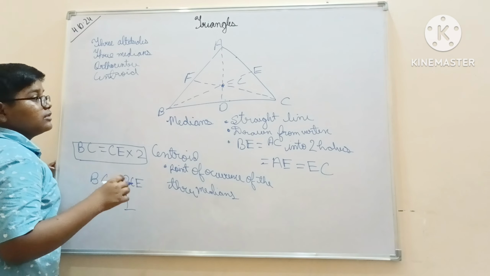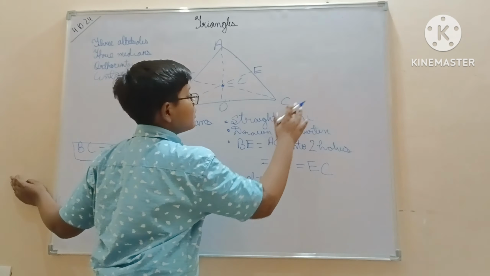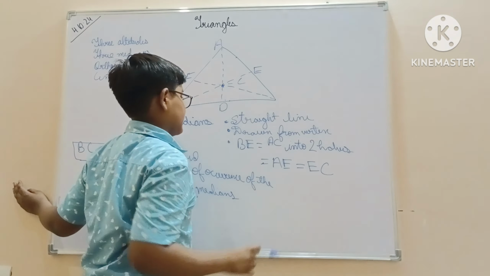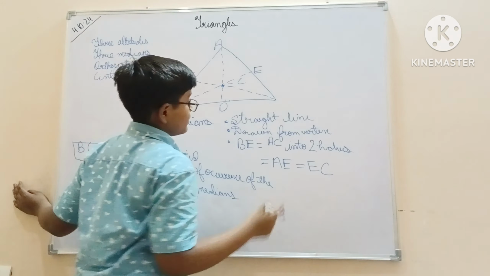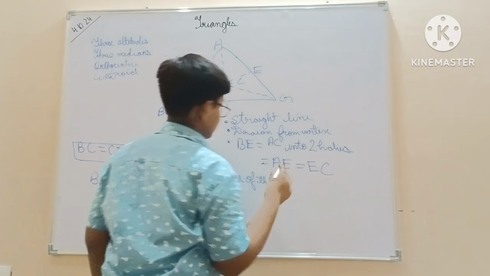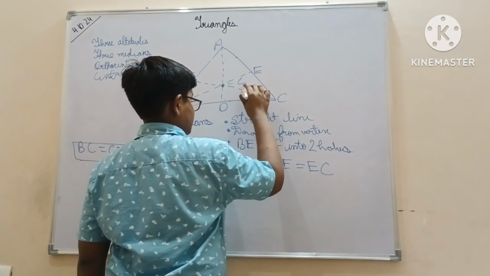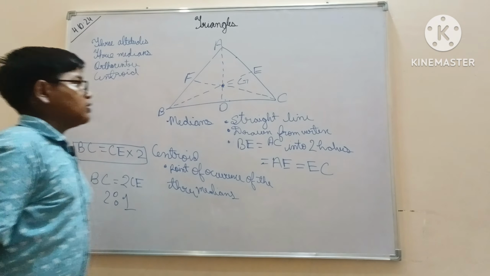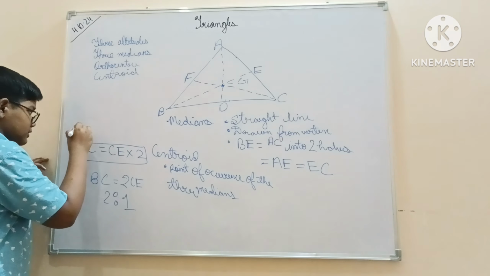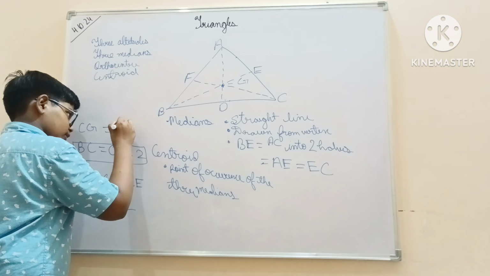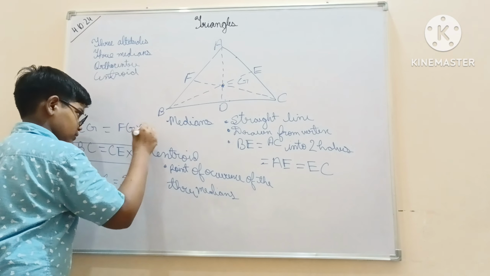as this C is already taken, so for simplifying we will give G to this. So now we can state that CG is equal to FG into 2.